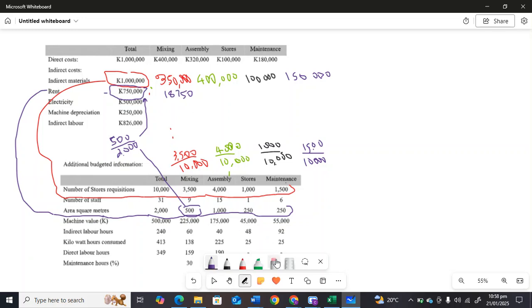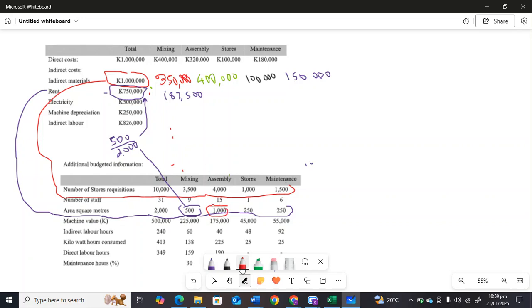All right. Next, we go to assembly. Assembly has 1,000 square meters.